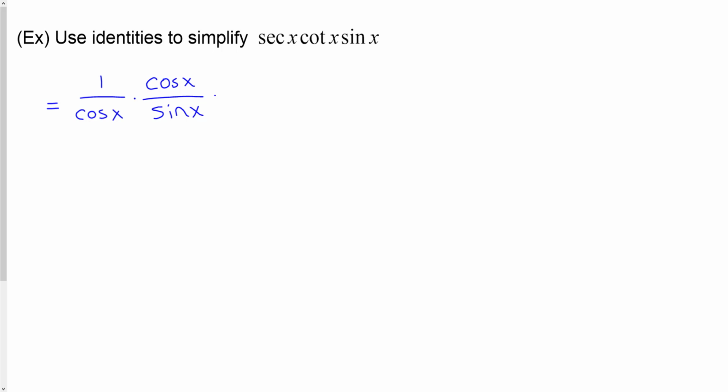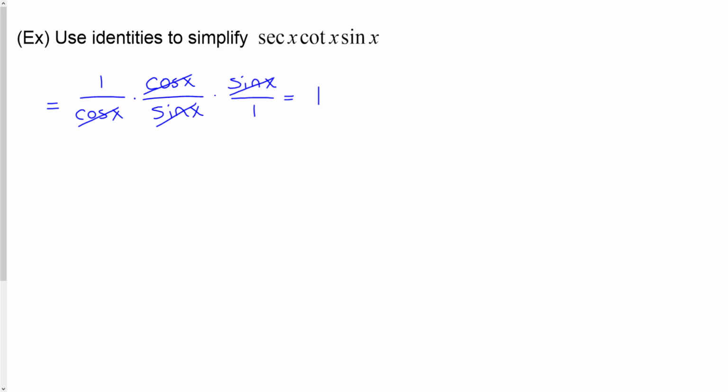And then sine, of course, is just itself. Now, if you'll notice, I have a cosine in the numerator and denominator that would cancel, a sine in the numerator and denominator that would cancel, and the only thing left is just 1 over 1, which is 1. So the product of these three trig functions would always result in 1.